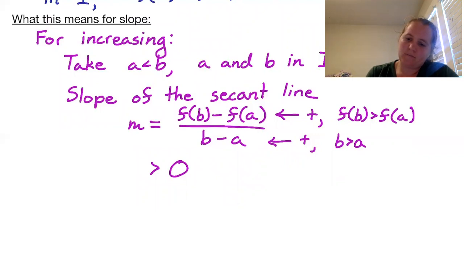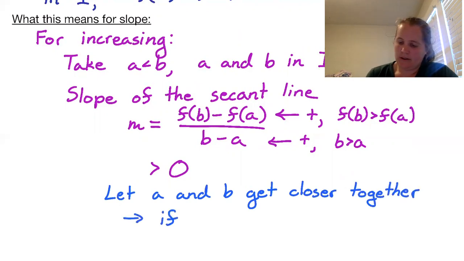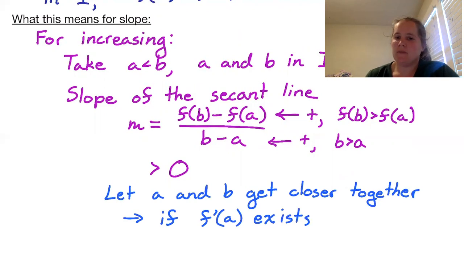So from here, if we now let a and b get closer together, then if f prime of a exists, we presumably have that f prime of a is greater than 0.